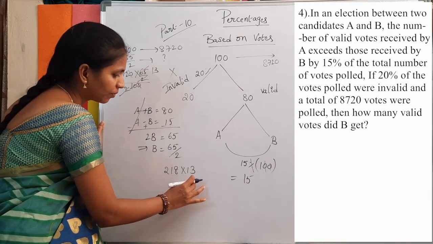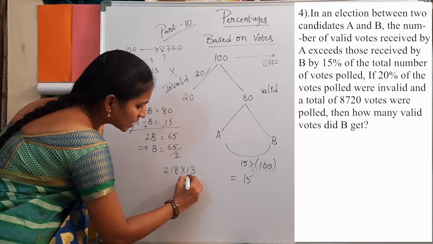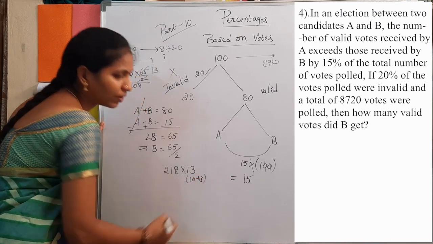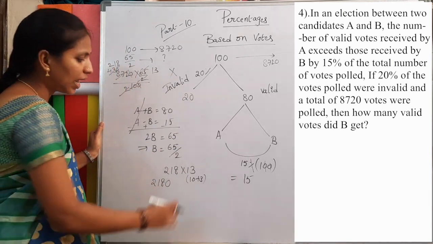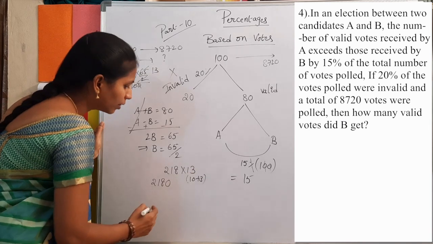Now see, split and merge. I want to split this 13 as 10 plus 3 for easy calculation. So here 2180 and 218 into 3.